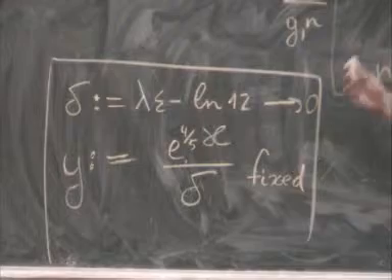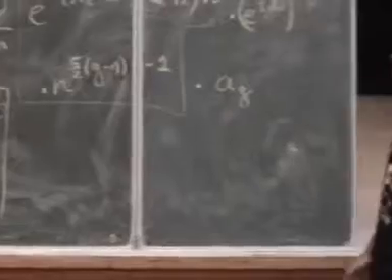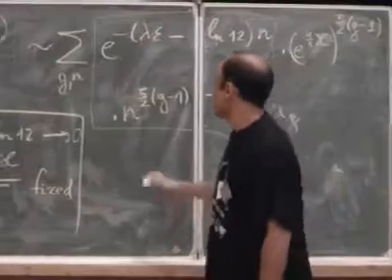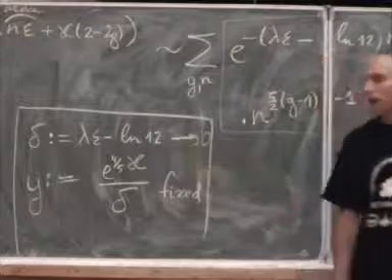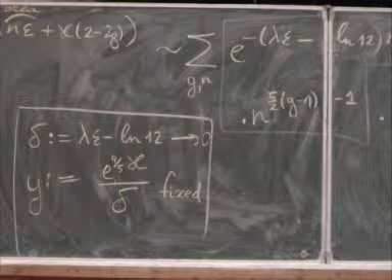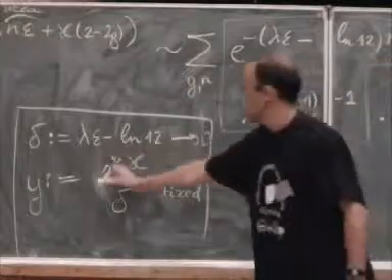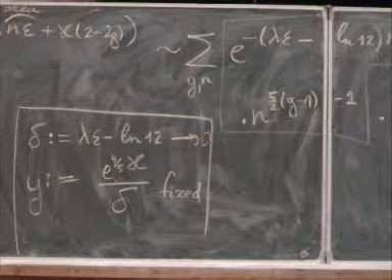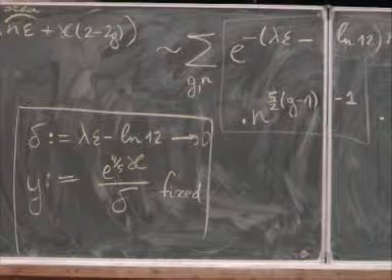First of all, I make everything tend to some limit that is not obvious at all. I should make lambda times epsilon minus logarithm of 12 tend to 0. You could not have predicted that if you don't know that there is this constant 12 in the asymptotic of Q_{g,n}. Then I introduce this new variable that involves both kappa and lambda in some strange way. But that's actually the only way to make this sum converge to something meaningful.